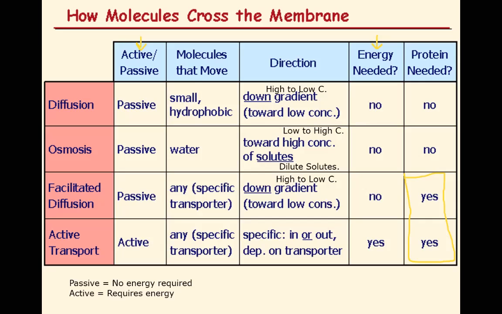This is almost always going to be from low to high. It doesn't have to be, it can really be whatever it wants, but it's typically going to be from low to high concentration, and that's why the body's willing to expend energy to make it happen. So notice here it does require energy, and that matches up with this idea of it being active.